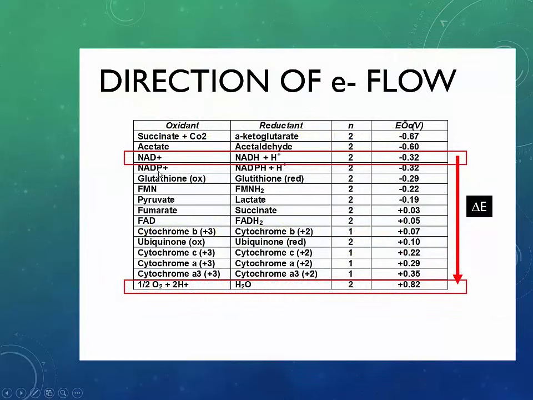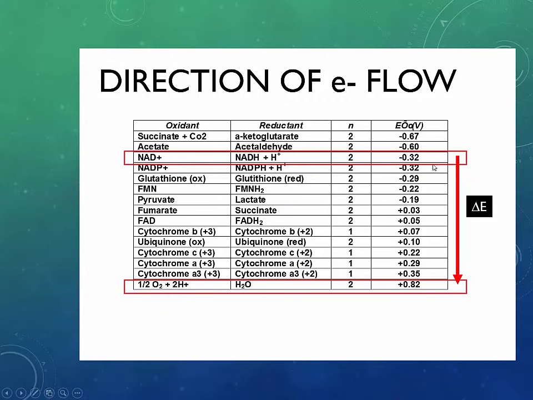So if we look at the direction of electron flow, we have NAD becoming NADH plus proton. This requires the transfer of 2 electrons and has a voltage of negative 0.32. Oxygen, on the other hand, is going to pick up 2 electrons and become water, and that has an electron voltage of 0.82.